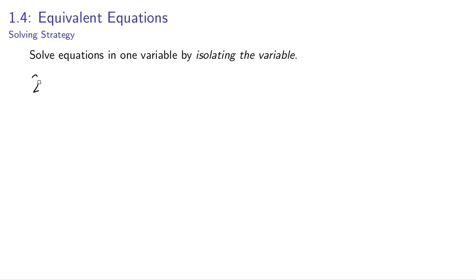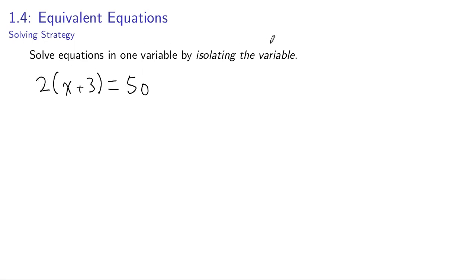Let's erase that. 2 times the quantity x plus 3 equals 50. Again, we need to isolate our x. This time we need to divide first because the multiplication happens last.